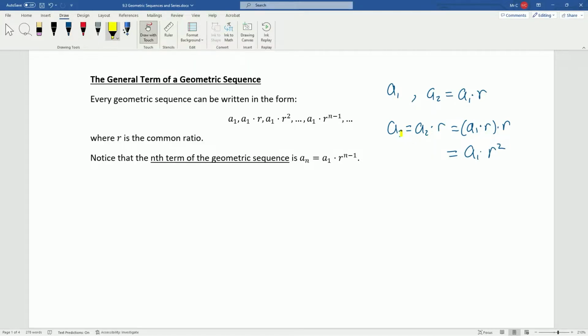So notice, whatever our value for n is, the power of r is 1 less than that, right? You could think of the first term as being a1 times r to the 0 power, because r to the 0 power is 1. So in other words, our general formula here is always just going to be a sub n equals a1 times r to the n minus 1.